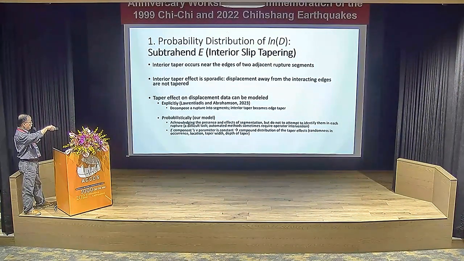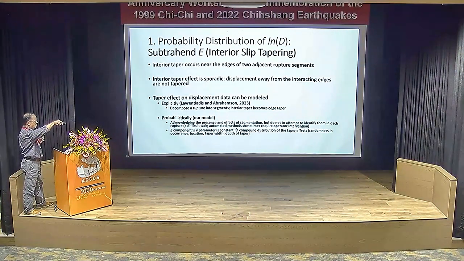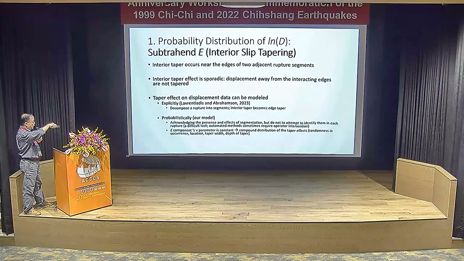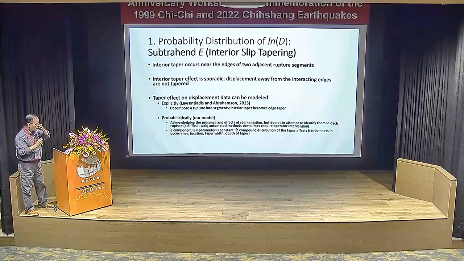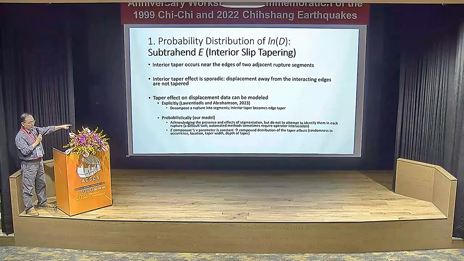We assume the E component, or the nu parameter of the E component, is a constant. So what we actually model is the compound distribution of the taper effects. That includes randomness in the occurrence, the location of the taper, and the taper width, and the depth of the taper. Okay. So we lump all the randomness into a single random variable.